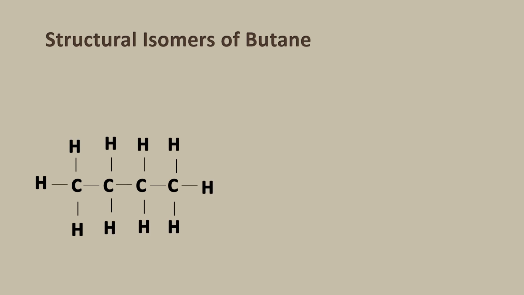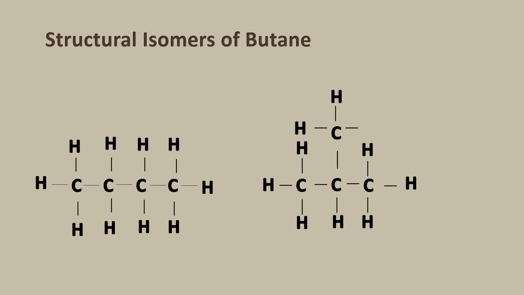In another structure, write the 3 carbon atoms in the straight chain and the 4th one branched and see that each carbon atom is attached to 4 bonds and then fill the remaining valencies with hydrogen to give the complete structural formula. Now look at both the structures. They have the same molecular formula, that is C4H10, but they have different structures. Hence they are called structural isomers.